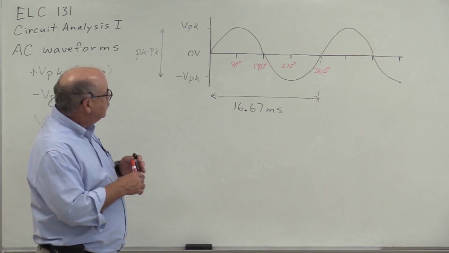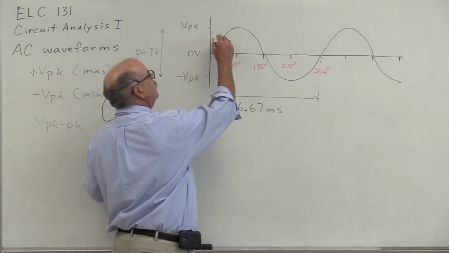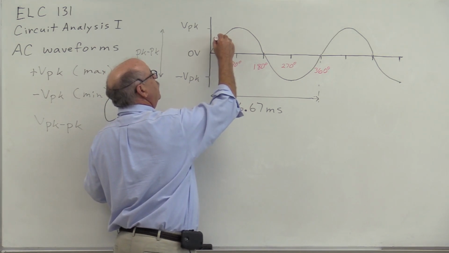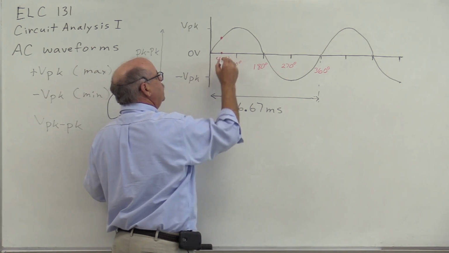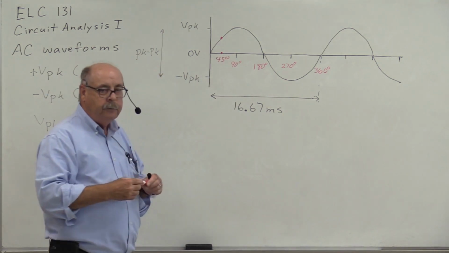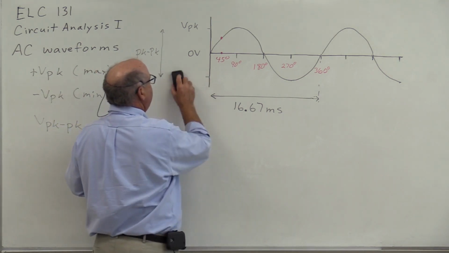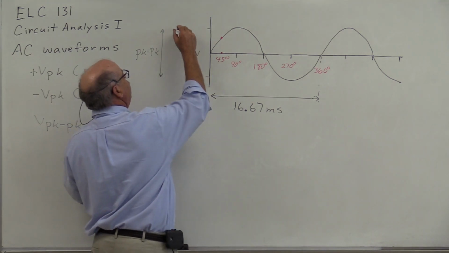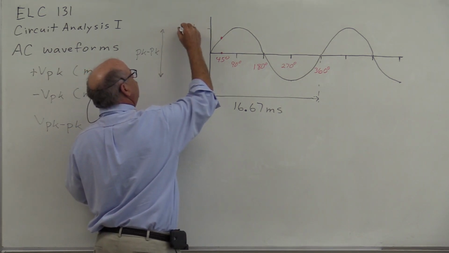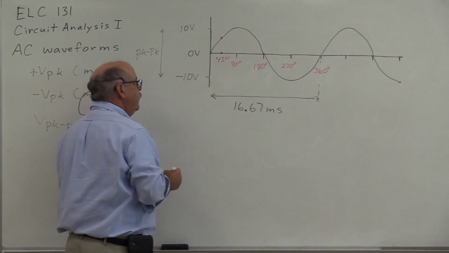And let's suppose we're asked to calculate the voltage of this waveform at some particular angular distance in the waveform. And we are given that the maximum value is 10 volts and the minimum value is negative 10 volts.